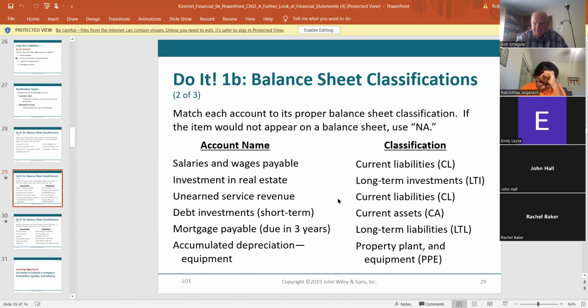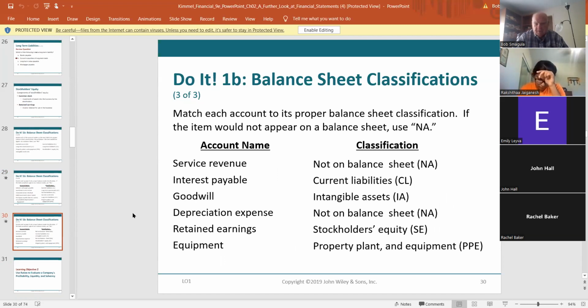That $1,000 in cash is not income to the lawyer. It's a liability, believe it or not. It's a liability called unearned service revenue. Only when the lawyer does something for you does he get rid of that liability and put it into income. Short term, you see the word short term, you know it's current. Due in 3 years, you know it's long term. And we know accumulated depreciation goes with the property and equipment.